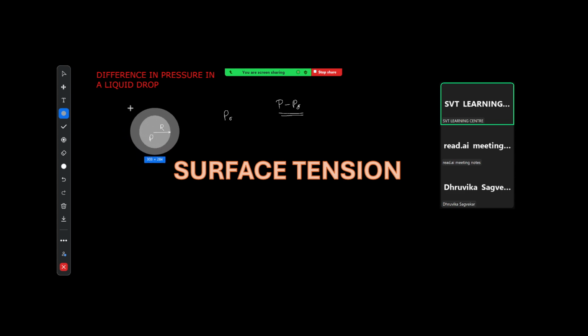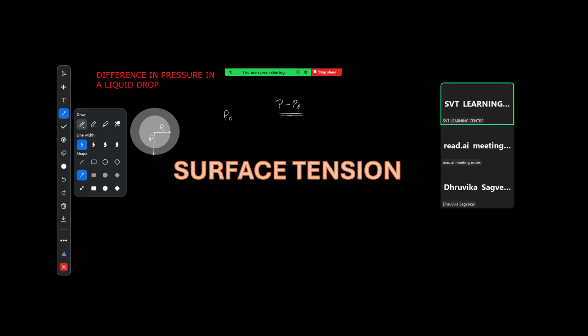Correct. Its radius increased from r to r plus delta r, and this delta r is the small portion of increase. Is it clear? Hello? Yes, sir.